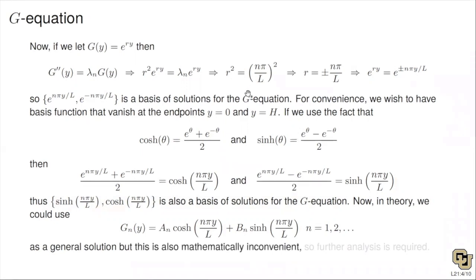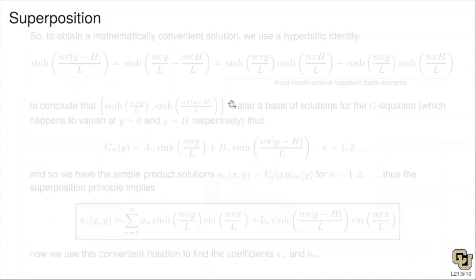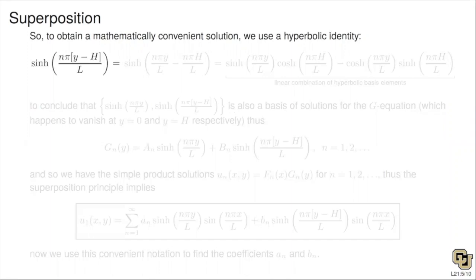So here we need to use one final identity, a hyperbolic trig identity. Okay, here's one final math trickery, and I'll show you something nice that happens. So we have this hyperbolic identity. It's similar to the sum and difference type of identities that we have for sine and cosine.